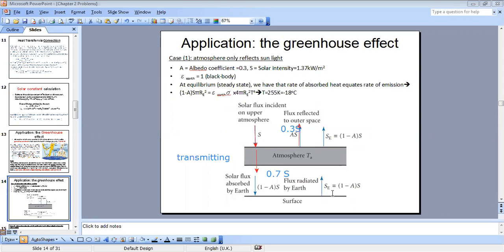So how can I find the temperature of the Earth? What analysis can I do? I give you the solar constant and the proportion, and I want the temperature of the surface of the Earth. How can I do this?